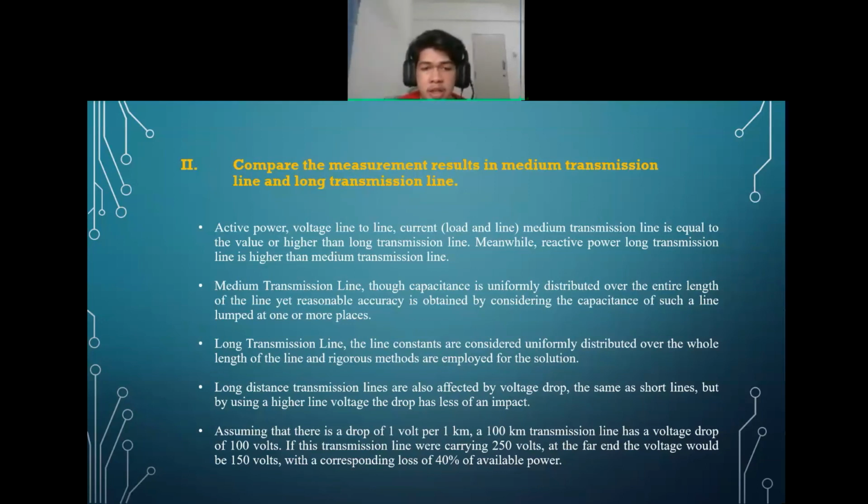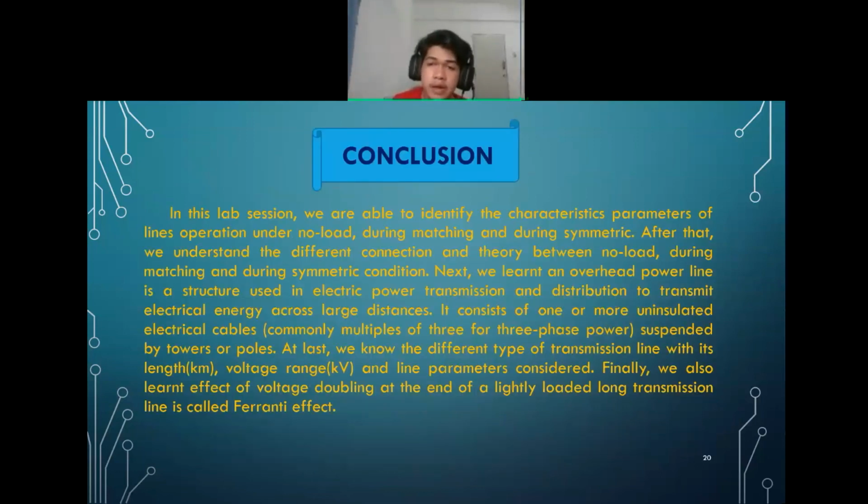Assuming that there is a drop of 1 volt per 1 kilometer, a 100 kilometer transmission line has a voltage drop of 100 volts. If this transmission line is carrying 150 volts, the voltage drop would be significant, with a corresponding loss of 40% of available power. Okay.